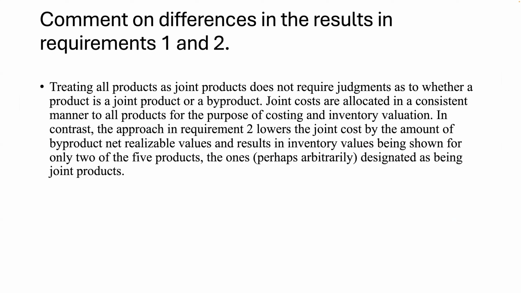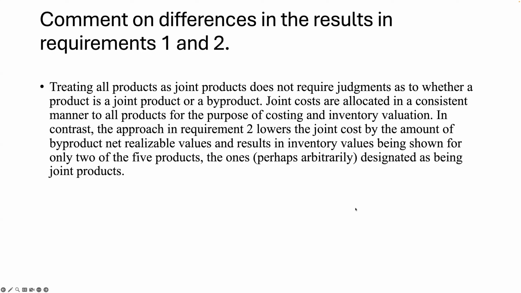So this is the comment when we treat them differently. Treating all products as joint products does not require judgment as to whether the product is a joint product or a byproduct. Joint costs are allocated in consistent manners to all products for the purpose of costing and inventory valuation. In contrast, the approach in the second requirement lowers the joint cost by the amount of byproduct net realizable value, resulting in inventory values being shown for only 2 of the 5 products, the ones designated as being joint product.